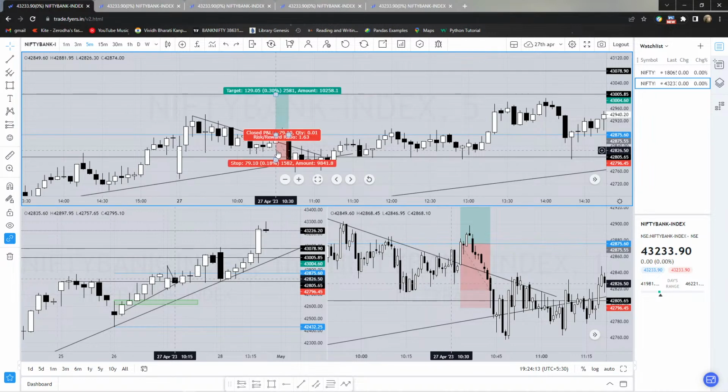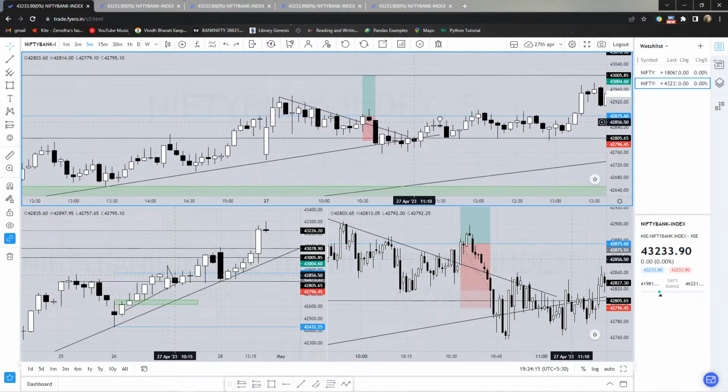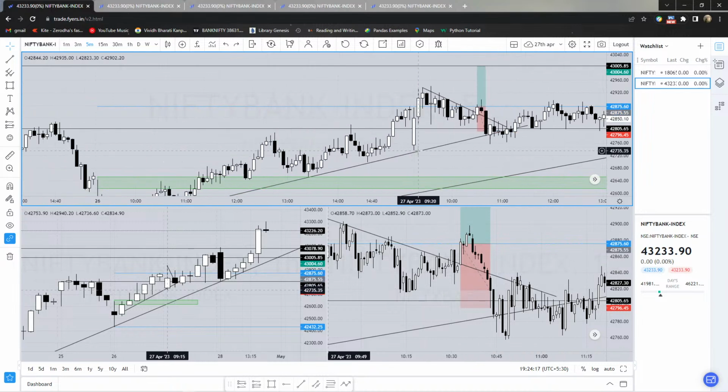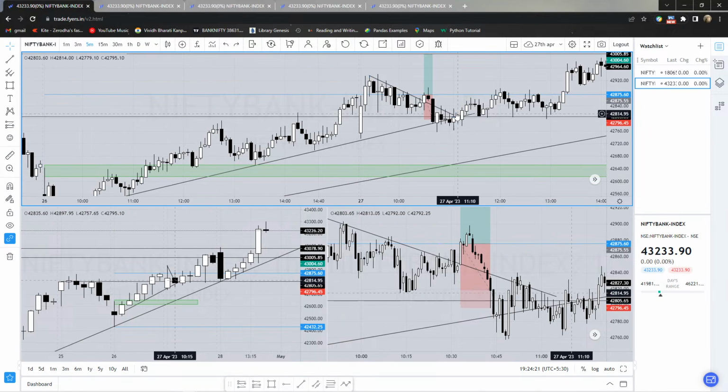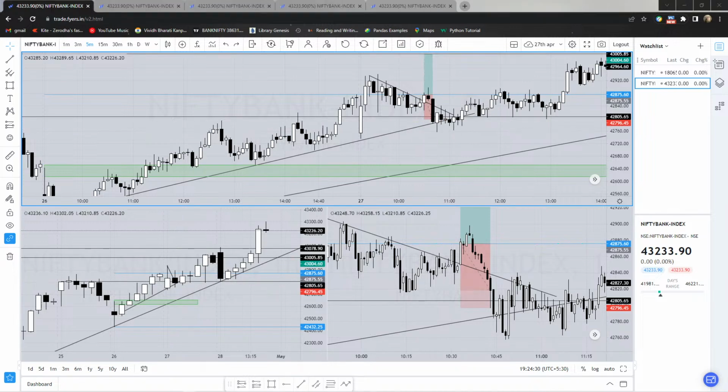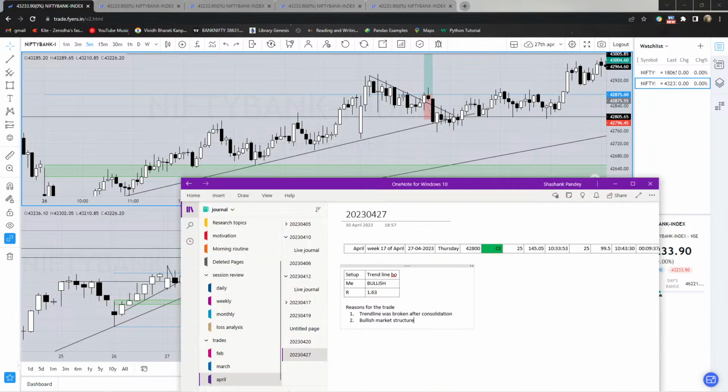And the more important resistance, and then there was this trend line, this below trend line, so I guess I took the trade in a FOMO. Also I took only one lot. Yeah, things to improve. I remember it.